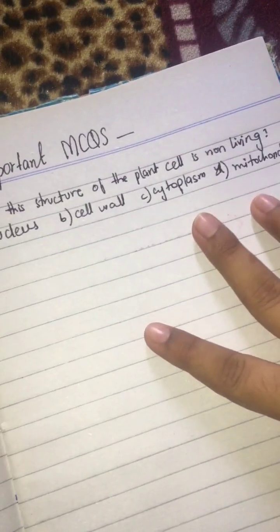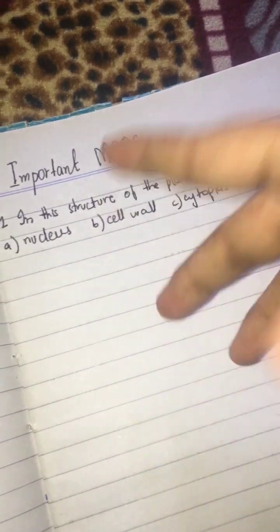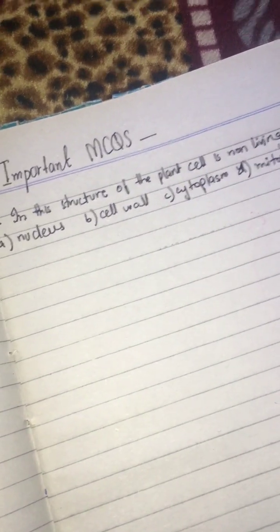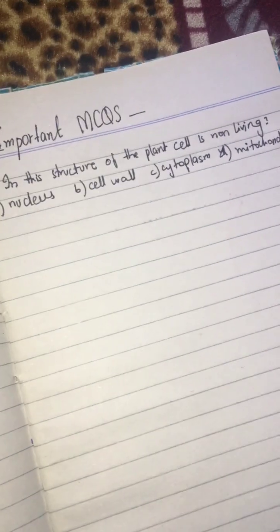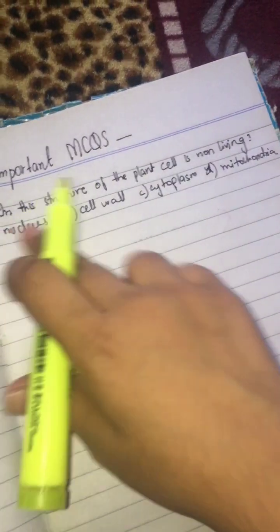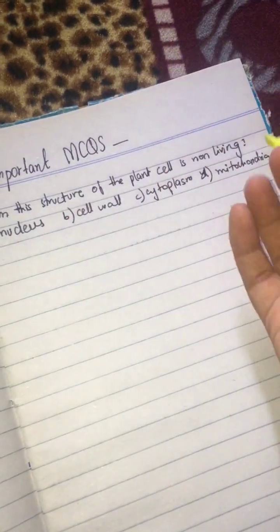So first is in this structure of the plant cell, which is non-living? Why is it non-living? The cell wall of the plant cell is non-living.